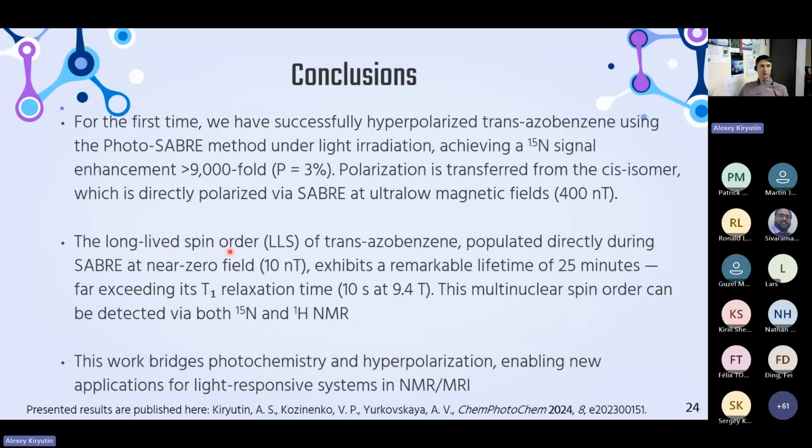The long-lived spin order of trans azobenzene populated directly during SABRE at near zero field exhibits a remarkable lifetime of 25 minutes, far exceeding its T1 relaxation time at high field. This multinuclear spin order can be detected via both 15N and proton NMR. This work bridges photochemistry and hyperpolarization, enabling new applications for light-responsive systems in MRI and NMR.